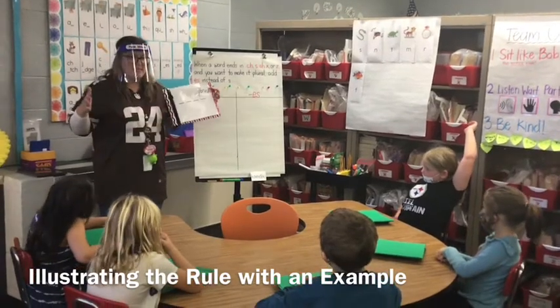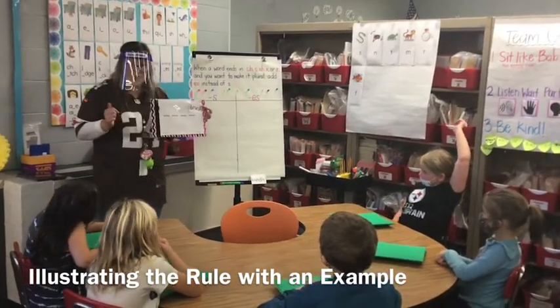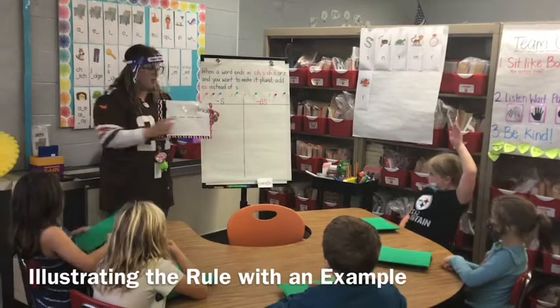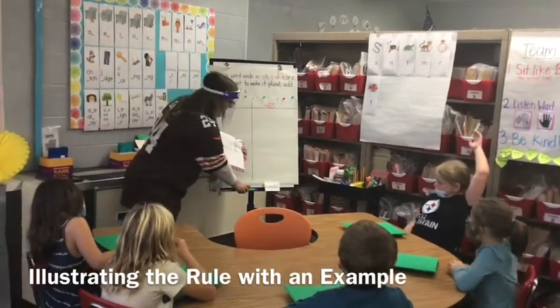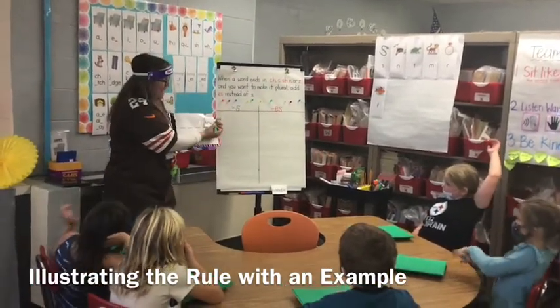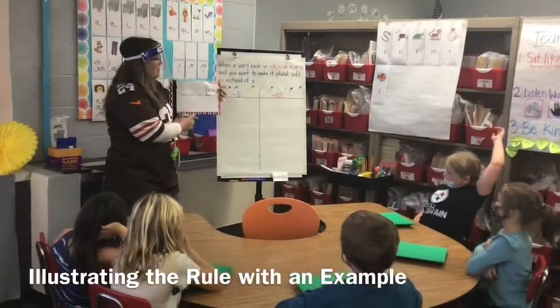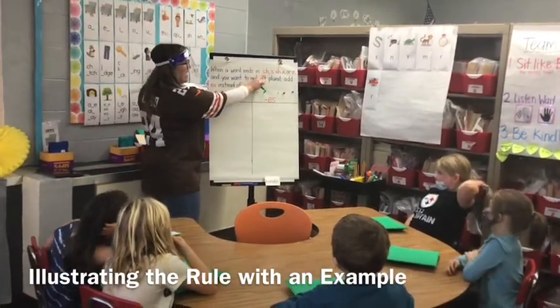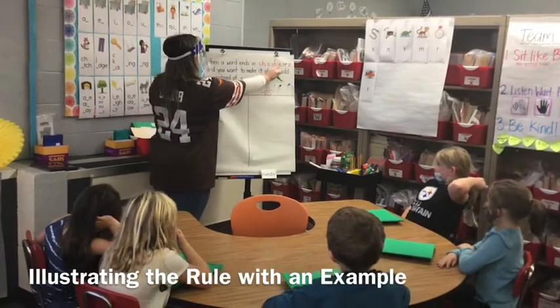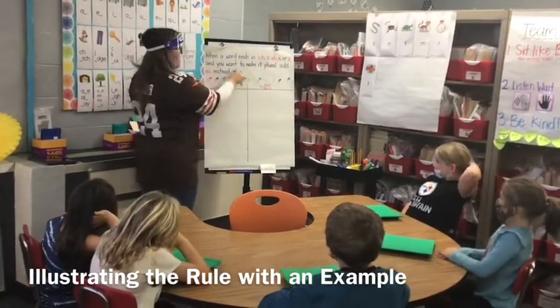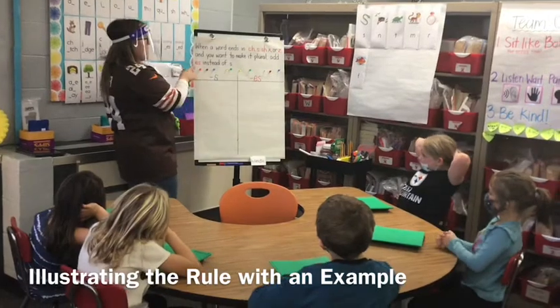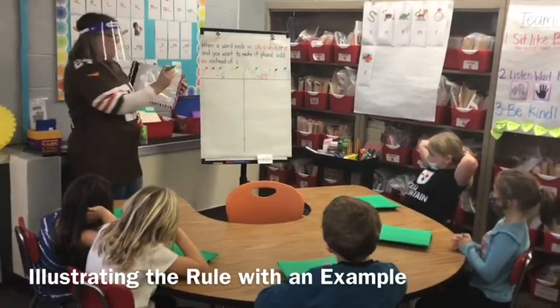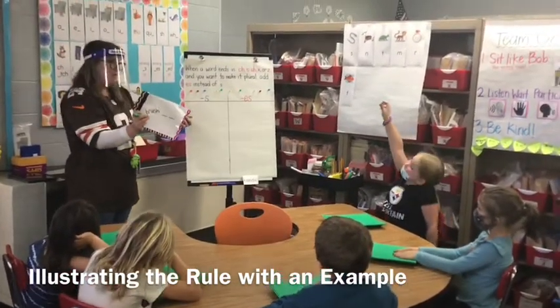Brush. It ends in SH, and what two letters make the SH sound? S-H. So my word brush ends in S-H. Now let me go back to my rule. When a word ends in CH, S, SH, X, or Z, and you want to make it plural, add ES instead of S. My word brush ends in what two letters?